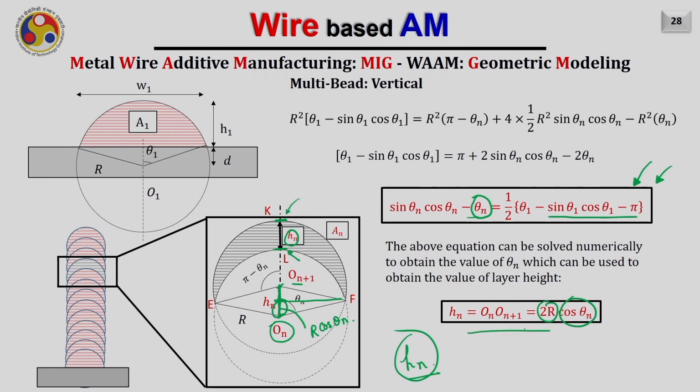So, this is the final expression. Once you know the value of theta n, you can put it into this equation and obtain the value of Hn. Once we know the value of Hn, that is the deposited height of a curved bead, and we can easily maintain the arc length.